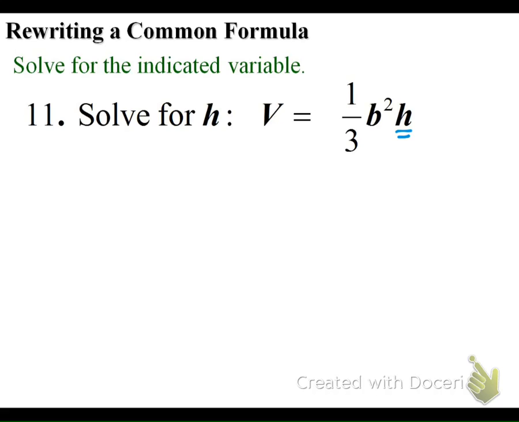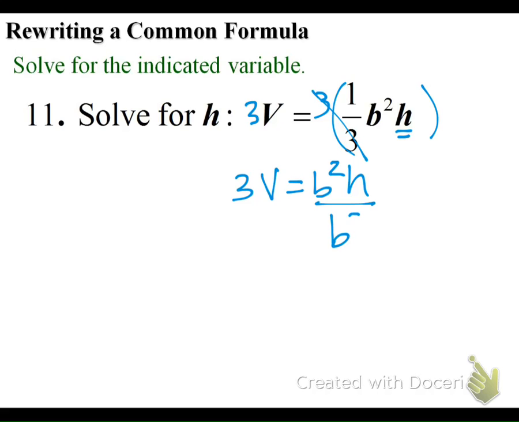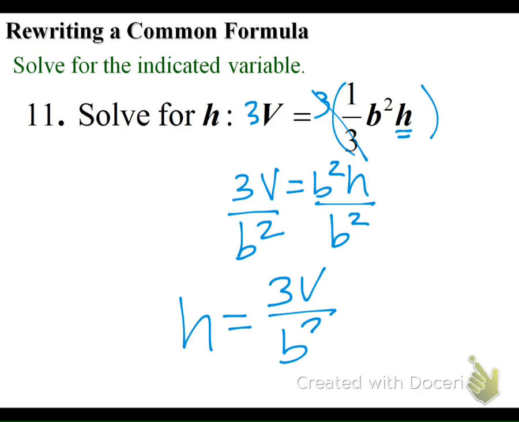Yeah, if you multiply both sides by 3, that'll take care of that. So 3v equals b squared h. Again, once you get down to just multiplying, it's pretty easy. You just divide. So h equals 3v over b squared. What are your questions on this one?